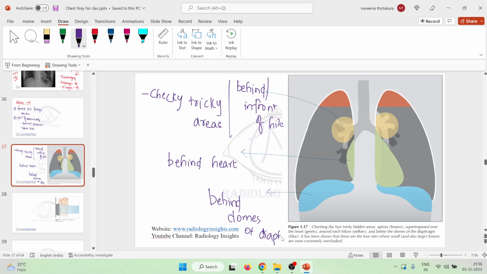And also, to find out about the epiphysis, we should do a lateral chest X-ray. So these are hidden areas of the lungs, which are tricky areas in the frontal chest X-ray.